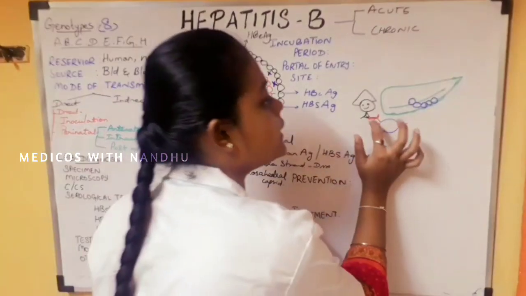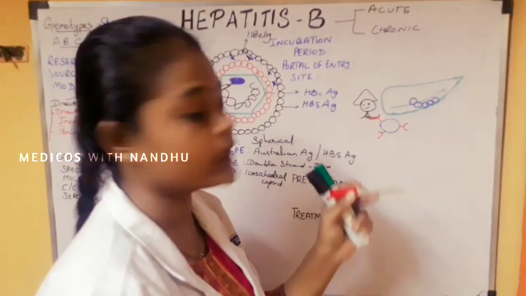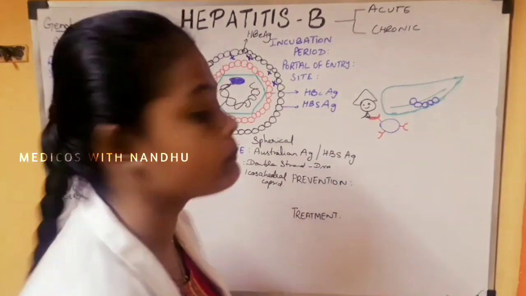So the hepatitis B virus binds to the receptor in the hepatocyte of the liver.